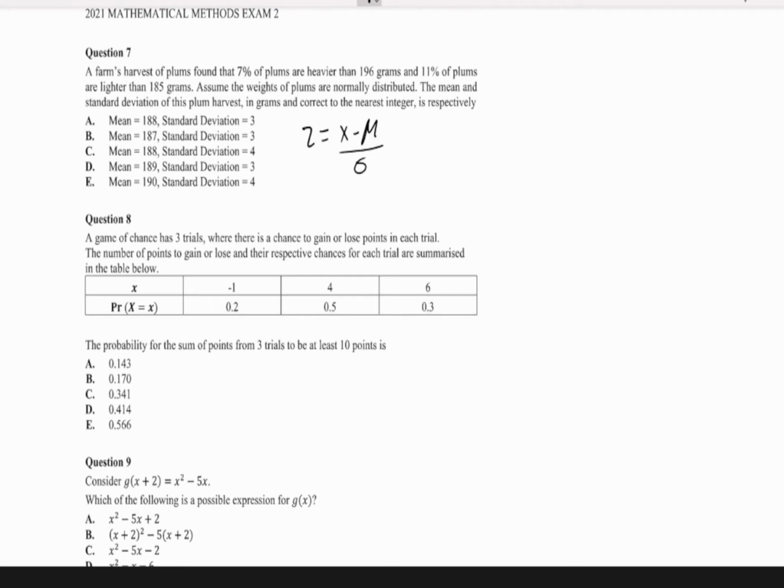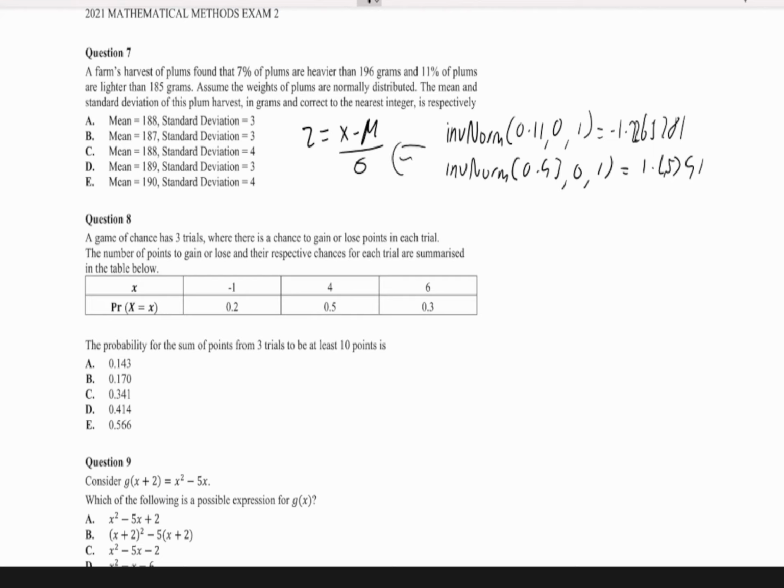And to get that, I did inverse norm of 0.1101, and that's -1.266226, and then inverse norm of 0.9301, 1.45791, and then you can solve the simultaneous equations that you get there. You just have to plug it into this formula, and you would get option E.